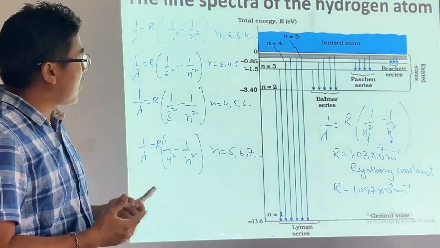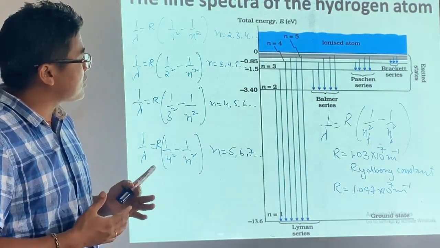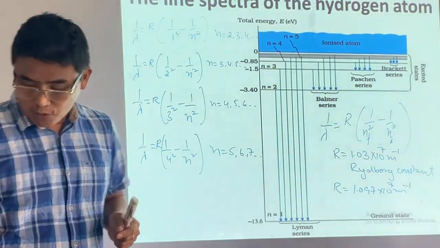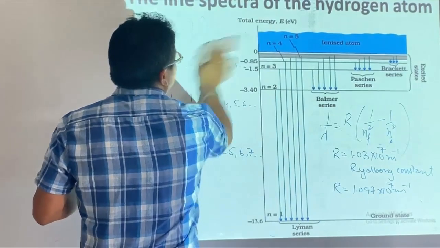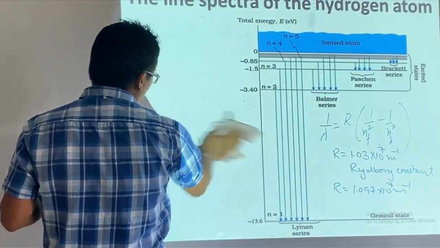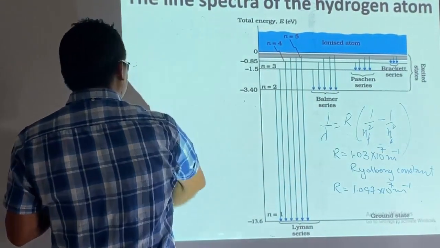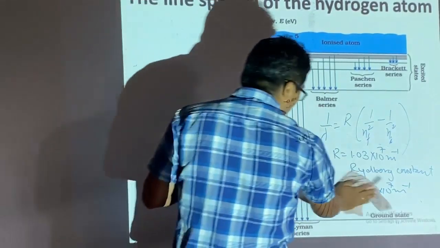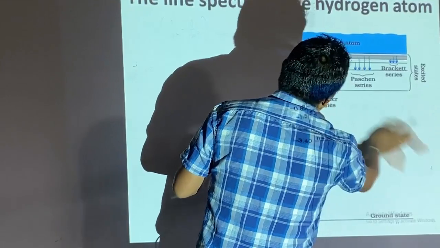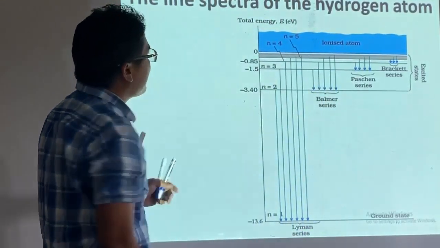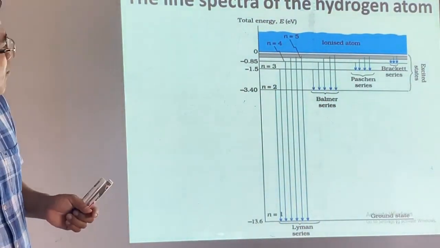This was explained by the Bohr model, right? This is what we talk about as the spectral lines of a hydrogen atom. Whatever phenomena were observed by those scientists can be explained by the Bohr model.